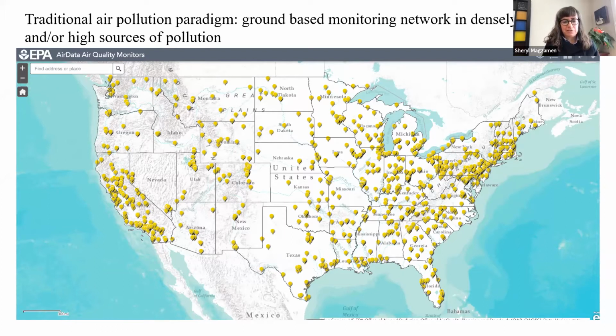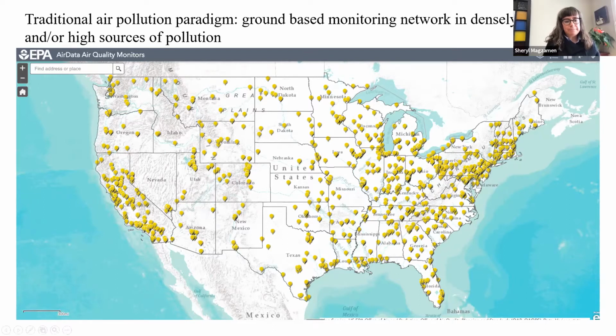Places where I live on the Front Range of Colorado are monitored, but you see that the rest of the Mountain West and the Upper Midwest has more sparsely related monitors compared to more densely populated areas. Of the 3,012 counties in the coterminous United States, only about 1,000 counties have monitoring data that are available to use, that are validated, and that are measured according to federal reference methods.